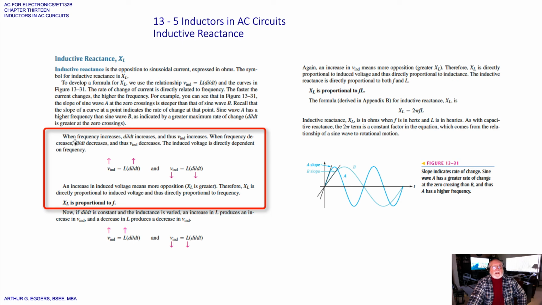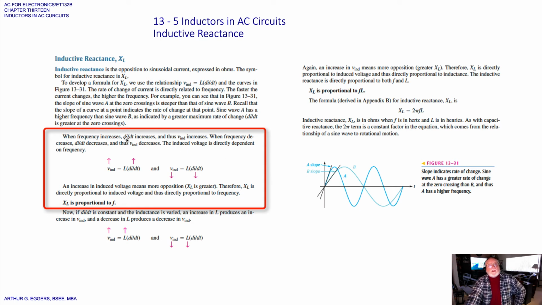When frequency increases, di/dt increases, and thus the induced voltage increases. When frequency decreases, di/dt decreases, and thus the induced voltage decreases. Okay, so again, you can think about that slope just like the rise over the run in your math class.